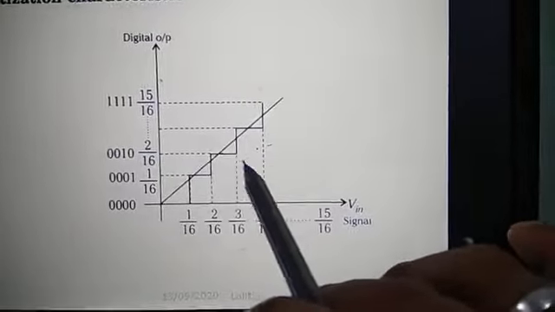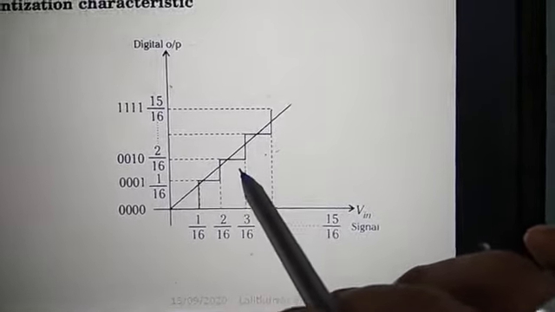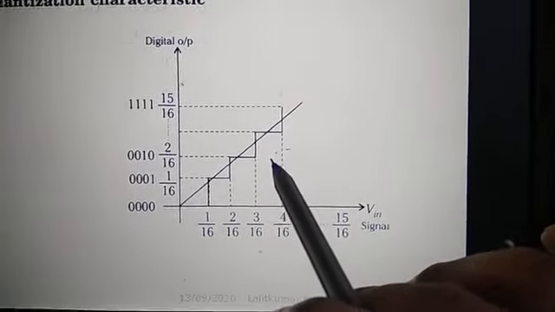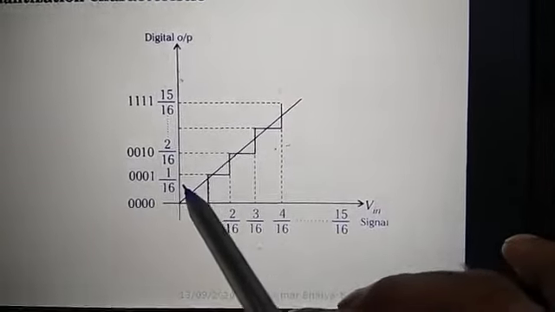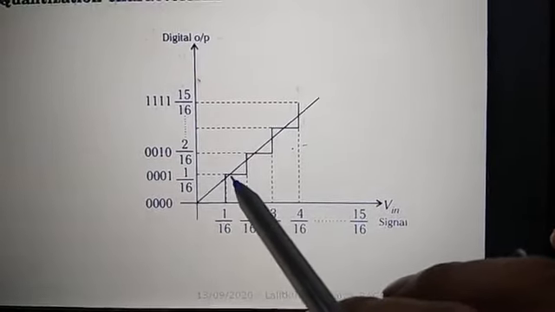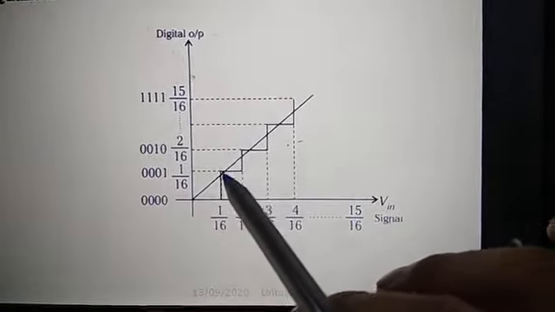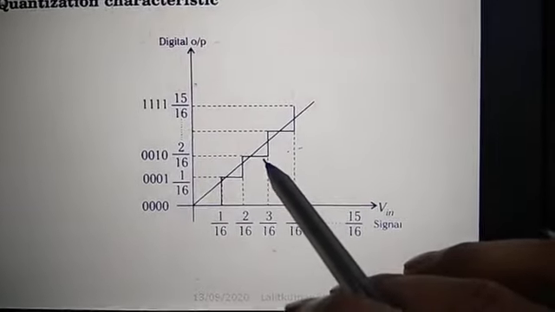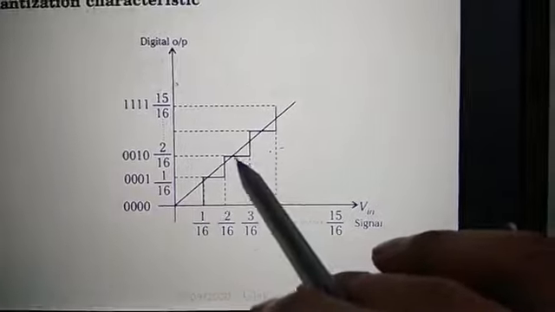Suppose I am saying that I am having a value of 2, and the step is supposed to be 1 by 16. Then from 1 by 16 to the lower half part, the value will be taken as 1 by 16. And from 1 by 16 to the upper half part, the value will be taken as 2 by 16.